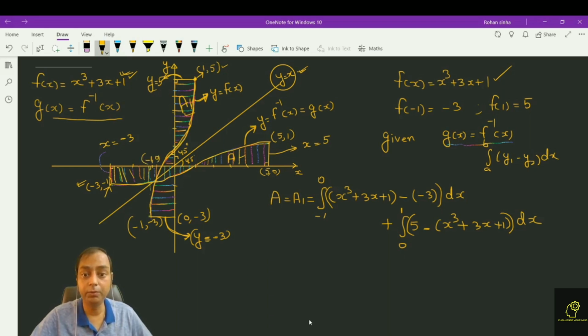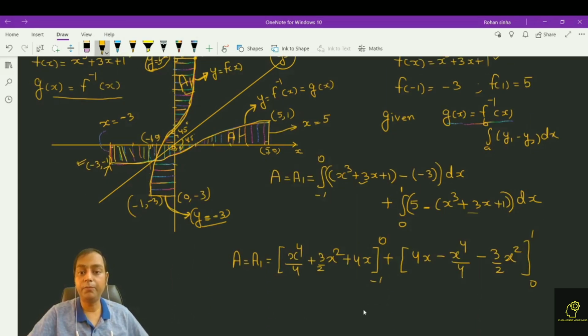So from -1 to 0, the integral of (x^3 + 3x + 1) minus (-3) dx, that is y1 - y2 dx. And from 0 to 1, this is (0, 0), y1 is 5, this is y = 5, y1 - y2 dx.